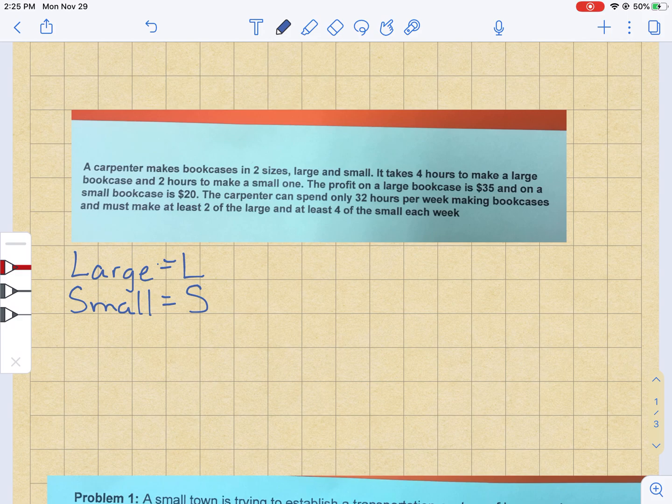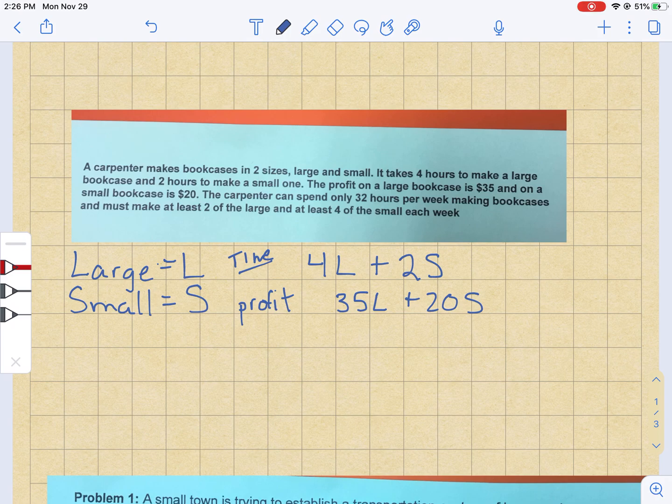So it takes 4 hours to make a large and 2 hours to make a small. So our total time spent would be 4 times the large plus 2 times the small. And then we have a profit, so this one is time, and this one is profit. Well, our profit is 35 for a large plus 20 for a small.